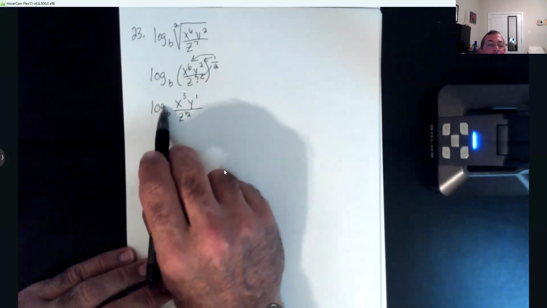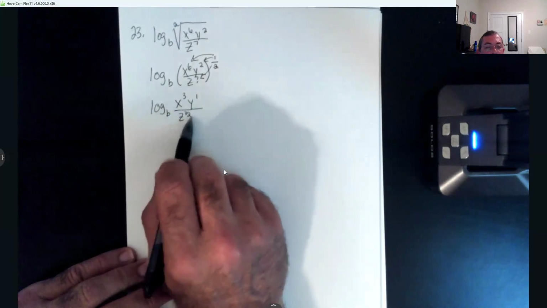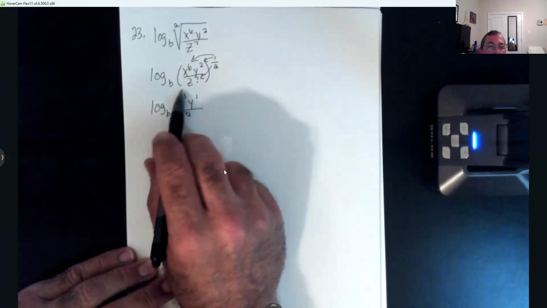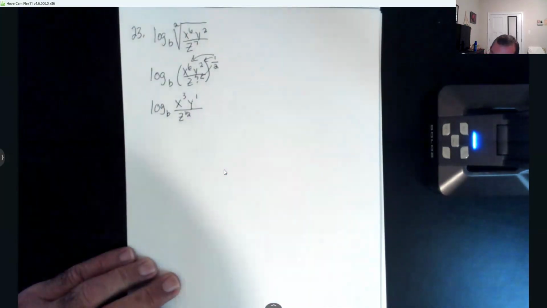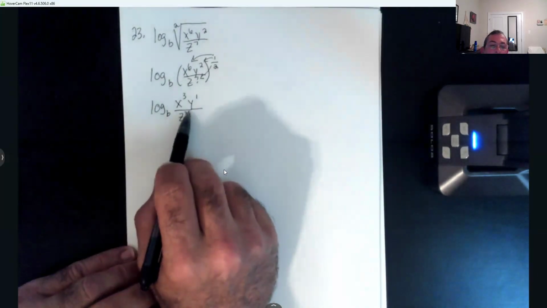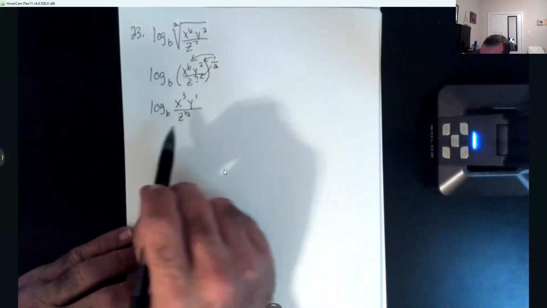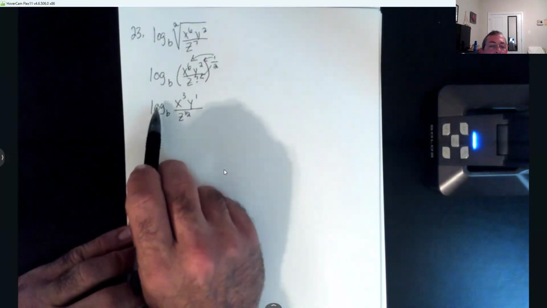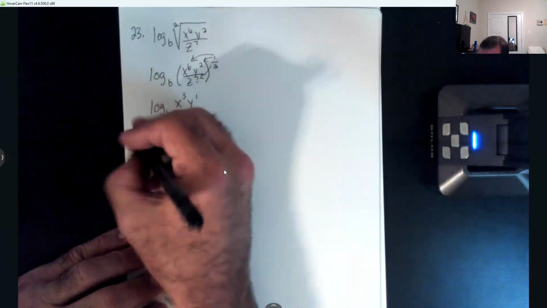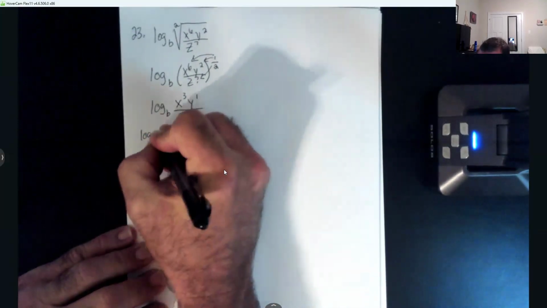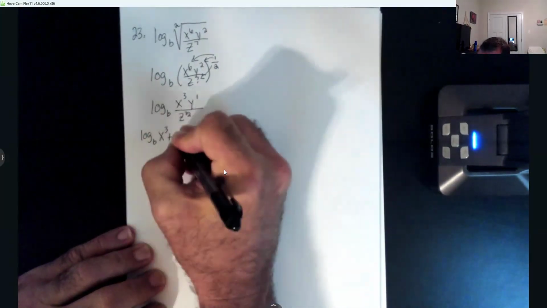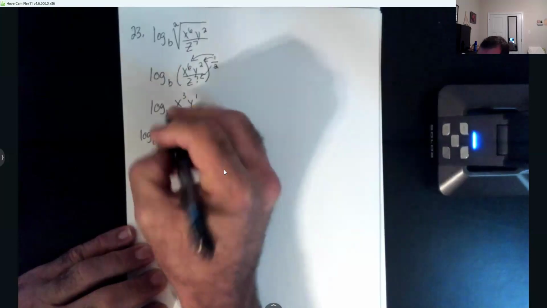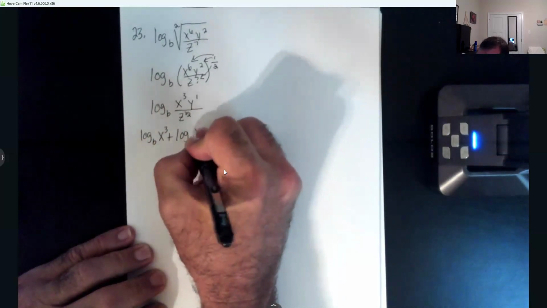So now you're going to write them as sums or differences. All the factors on top are positive. The factors on bottom, we subtract. And we got to distribute log b to all 3 of these. So we got log b of x to the 3rd plus log b of y.